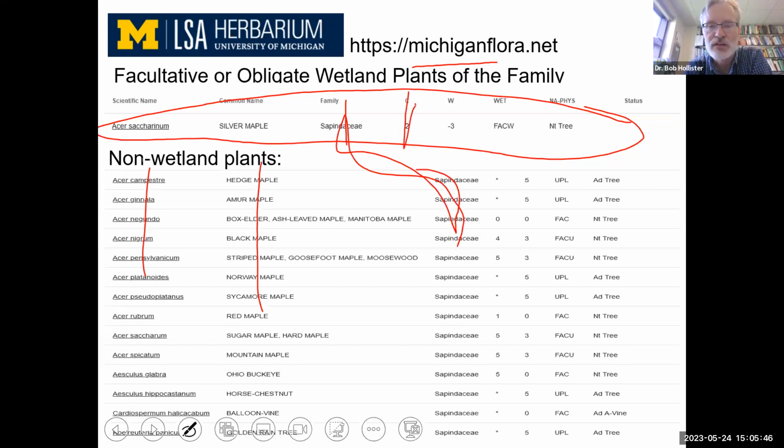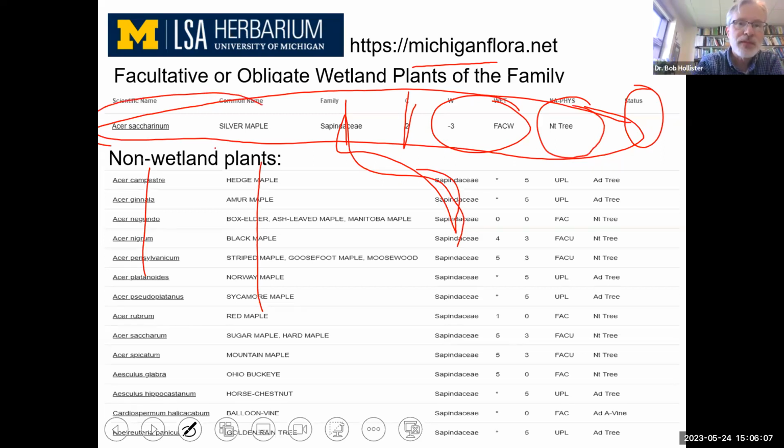So a 0 is super common, and a 10 is like pristine environment. Then the wetland indicator status, and then what it is, tree, shrub, etc. And occasionally there'll be a status.